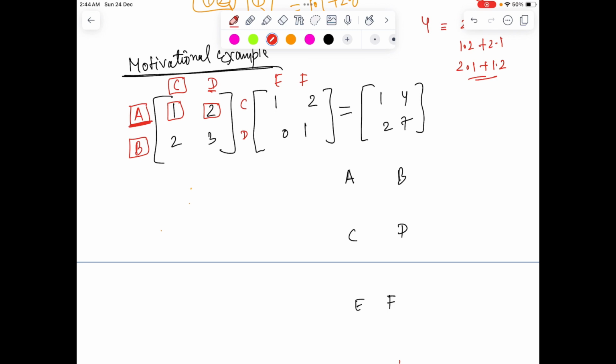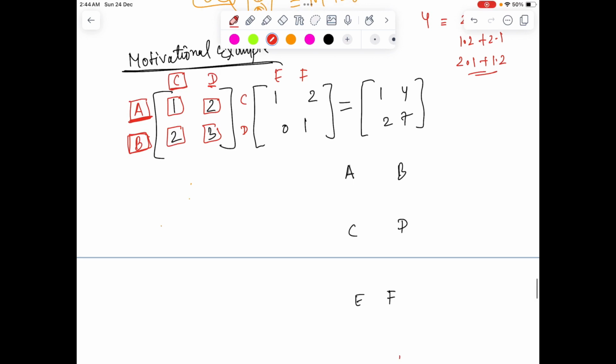The number of flights available from A to D is 2. The number of ways or flights in which you can go from B to C is 2. And the number of ways to go from B to D is 3. So now this dataset, this matrix, this collection of numbers represents the number of ways of going from a particular destination to the other destination.